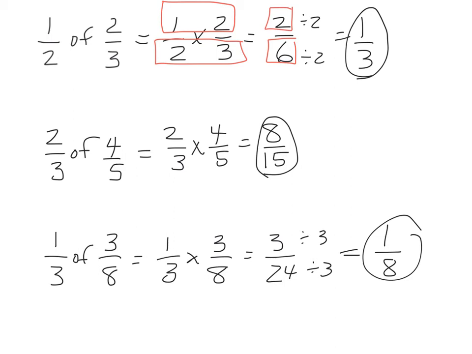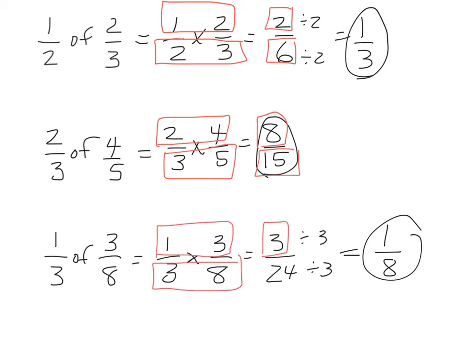So in the next one we took 2 times 4 to get the 8, and we took 3 times 5 to get the 15. Down here we did 1 times 3 to get 3, and 3 times 8 to get 24. And then that reduced down to 1/8.